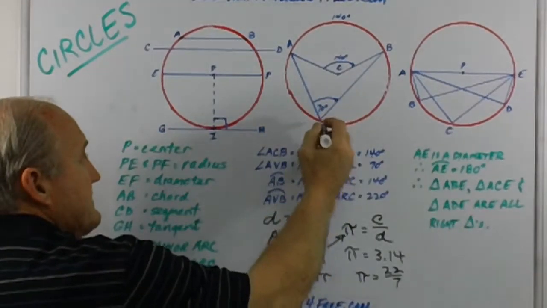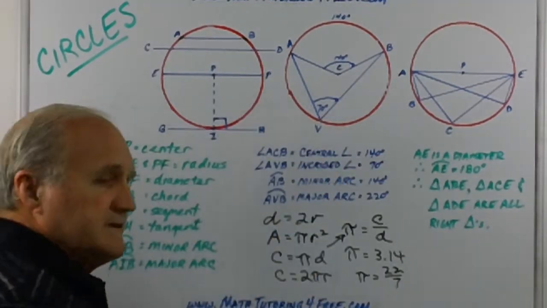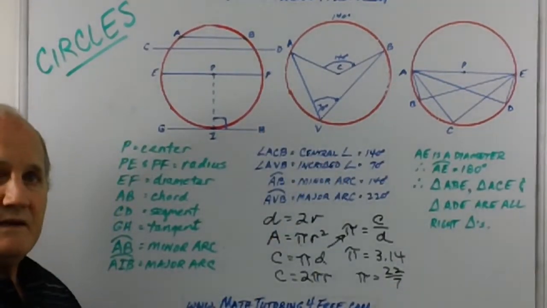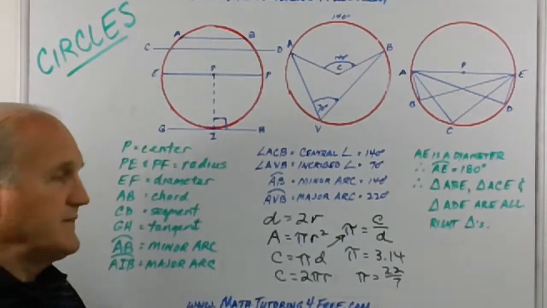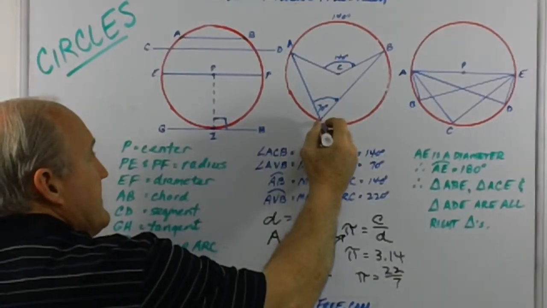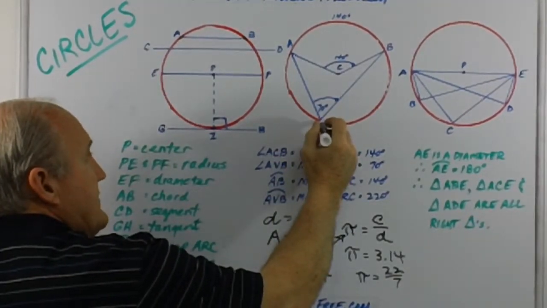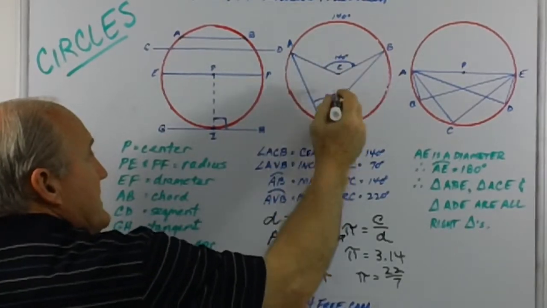An inscribed angle has its vertex on the circle itself, so this angle is inscribed by the circle. The big difference is that both angles intersect the circle at A and B.